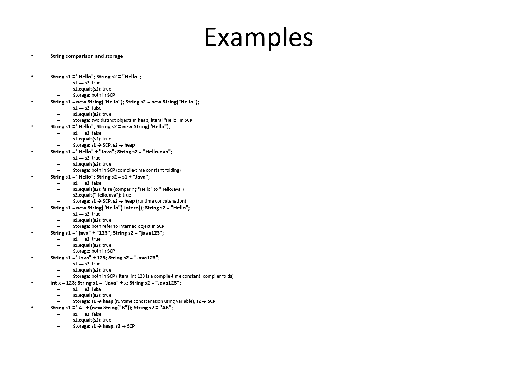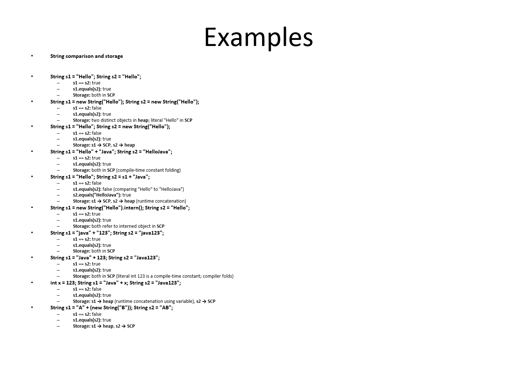Next example is, when S1 is created using the concatenation of literals, and S2 is created using the literal only. So references will be the same, content is the same, storage will be SCP.